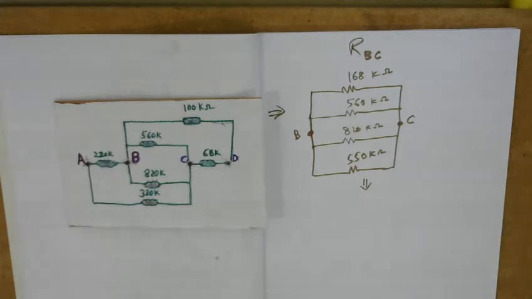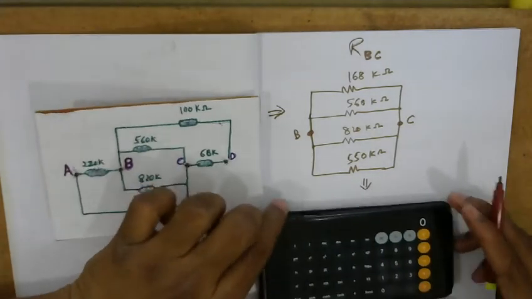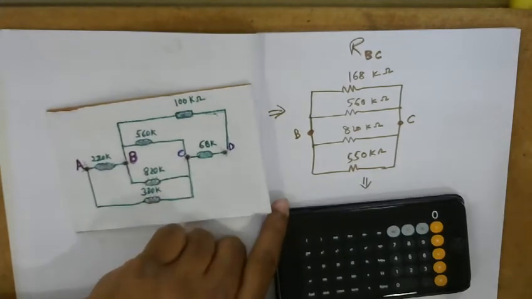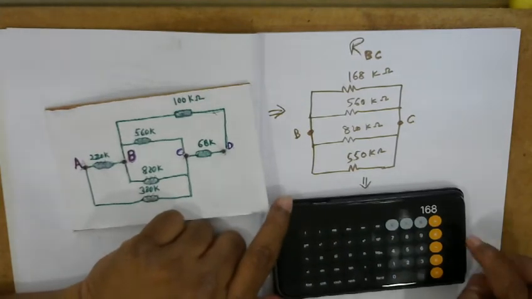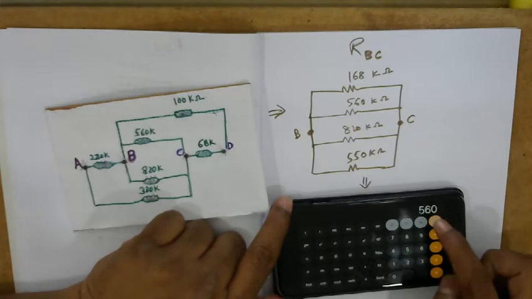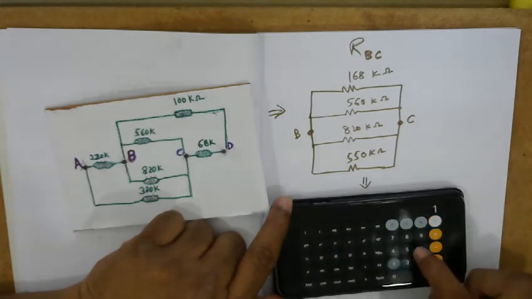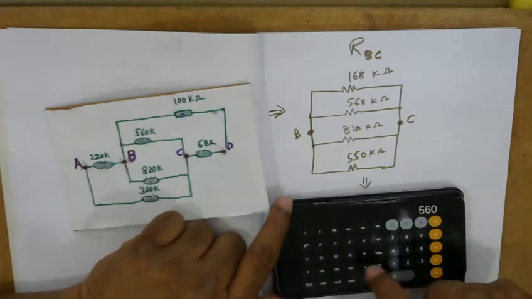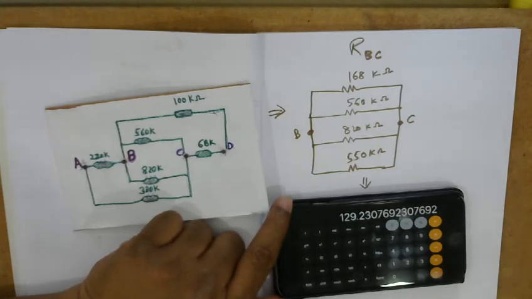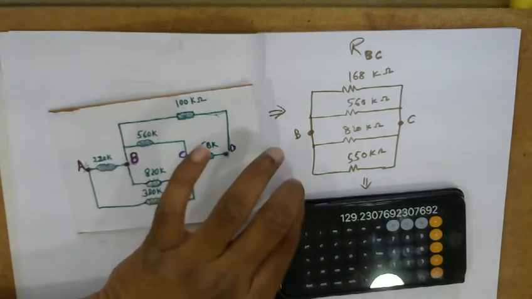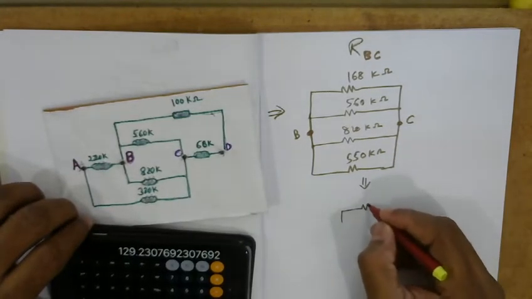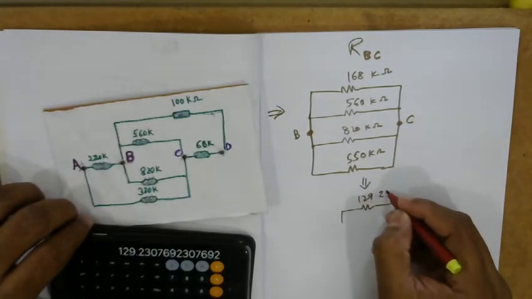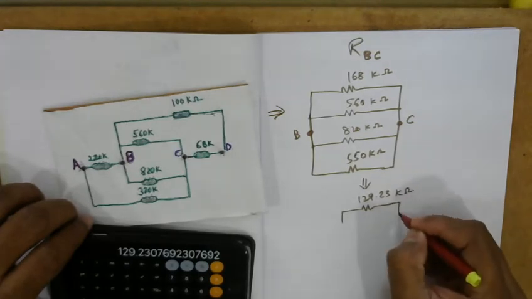I go to the calculator and let's do the first 2. So I have 168 multiplied by 560 divided by 168 plus 560. I'm getting 129.23 kilo ohms.